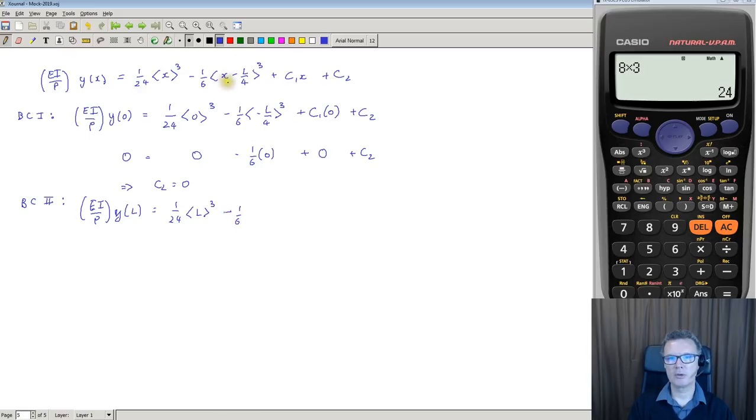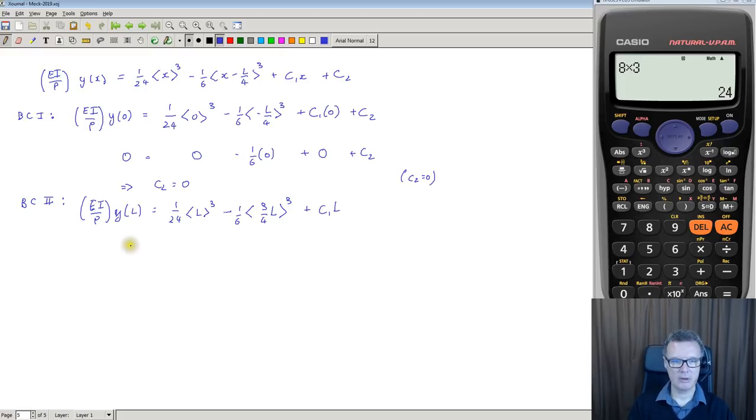So I've got L take away a quarter L, so that leaves me with 3/4 L. And I've previously found that C2 is 0, so I'm not going to substitute that.